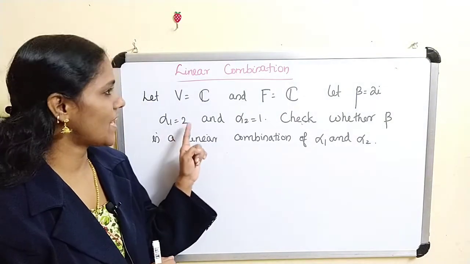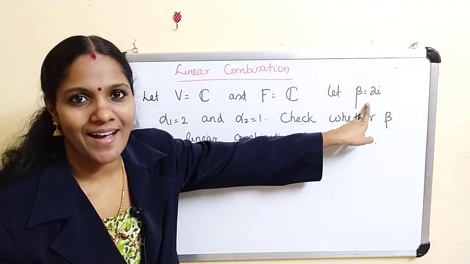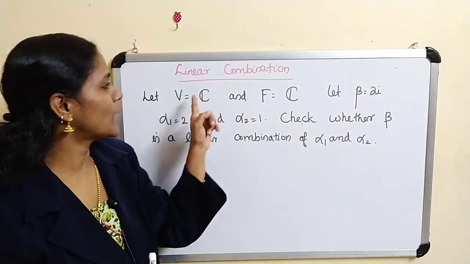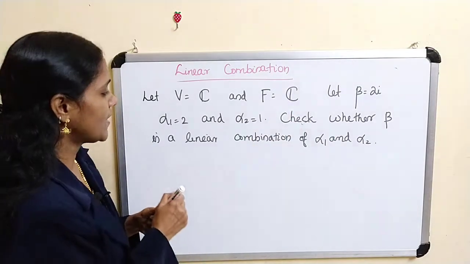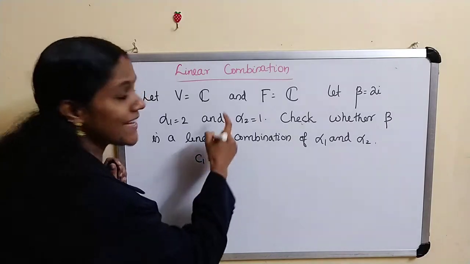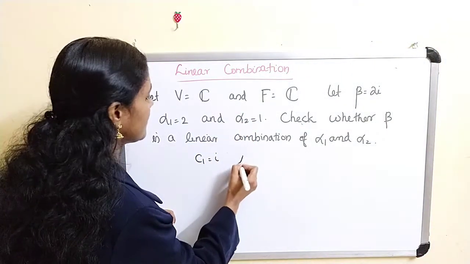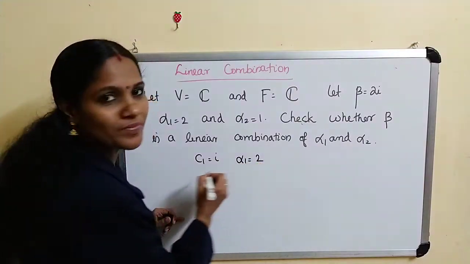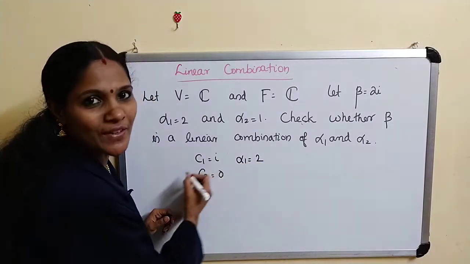What is alpha 1? Alpha 1 is 2, but we have to get 2i. So what about the field F? F is the complex numbers, so you can take C1 equal to i. Clearly i belongs to F, and alpha 1 is equal to 2. And you take C2 equal to 0.